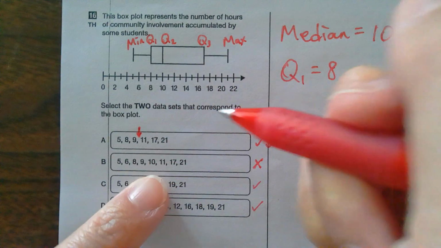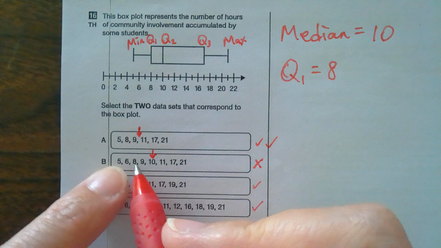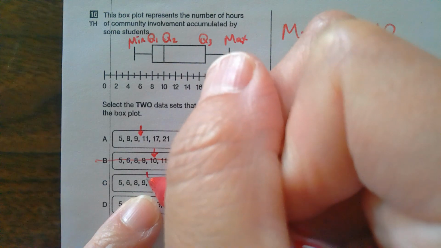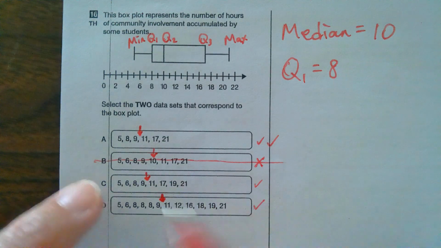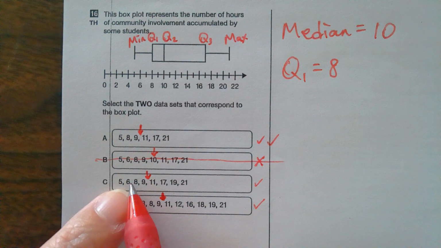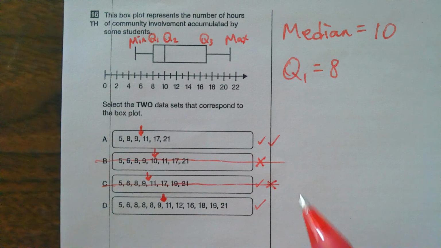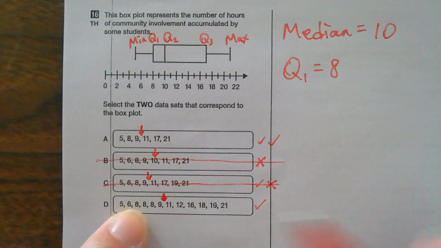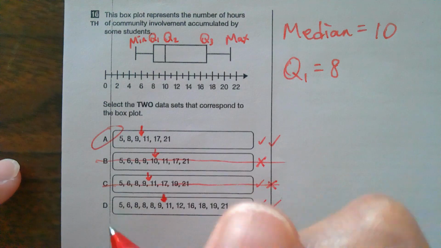Between this and this, my Q1 would have been 7. So that's not it, so this is out as well. And then here, this works. So by elimination, it's A and D.